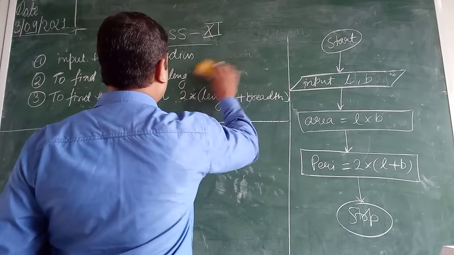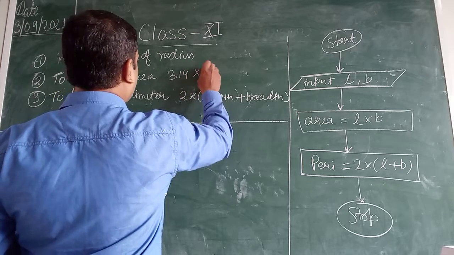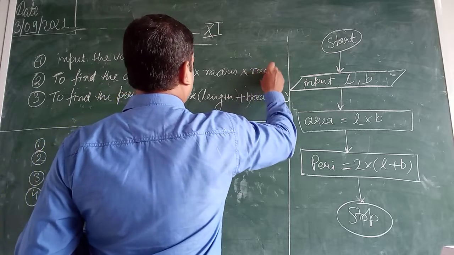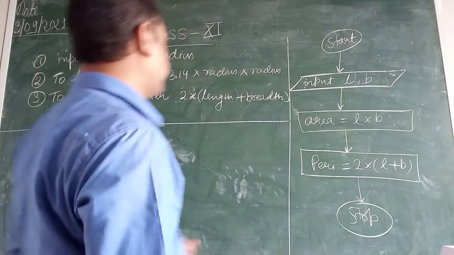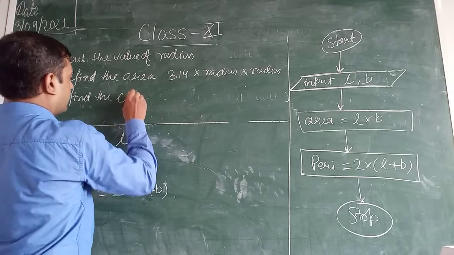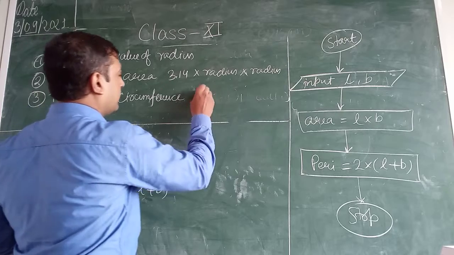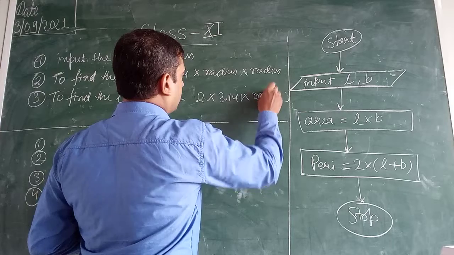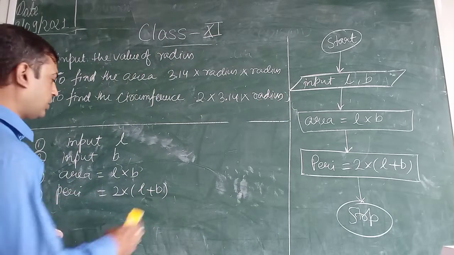To find the area, 3.14 into radius into radius. To find the circumference, 2 into 3.14 into radius. Like the same way we can write the code also.